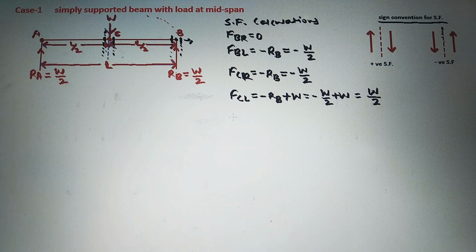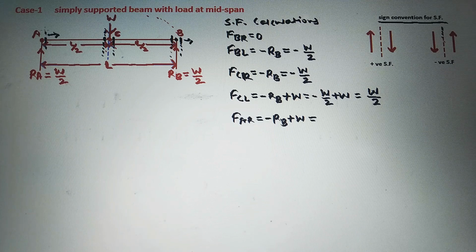Next we will take the shear force at a section just right of A. See here, just right of A is this section. See on the right side, the first load is RB, and this RB is acting in upward direction. So right side of a section, RB is acting in upward direction, so it will be minus RB. Then this W is acting in downward direction, so it will be positive here.